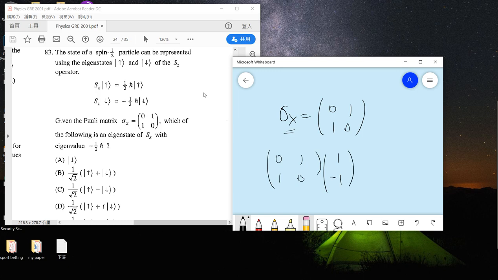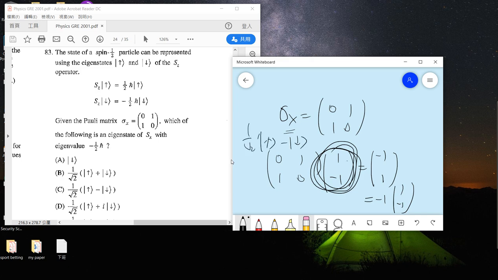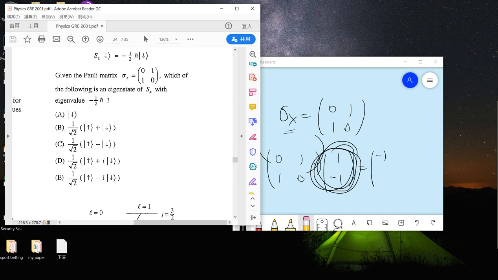If this is (1, -1), then multiplying, you can check that it gives -1 times (1, -1). So it's spin up minus spin down, with a normalization. C is the answer.